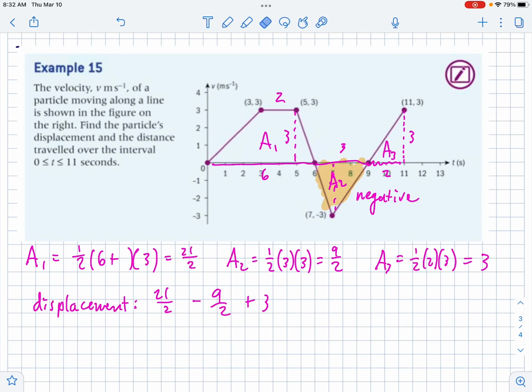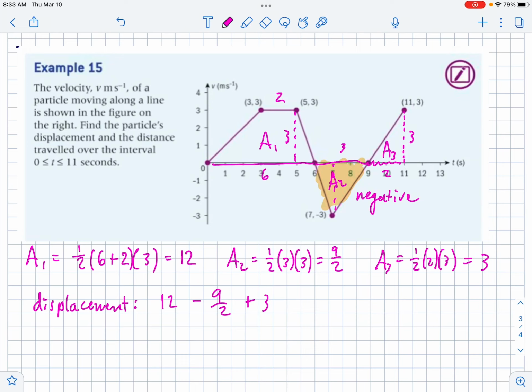Oh, I screwed something up, you guys. All the way back here, that should have been a 2. So that means this should have been 12, right? 8 divided by 2 is 4, times 3 is 12. So we have to change this to a 12.